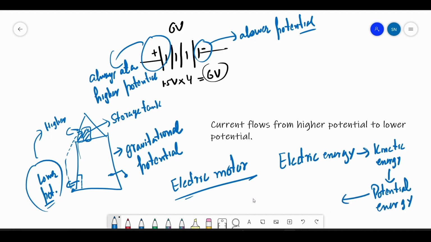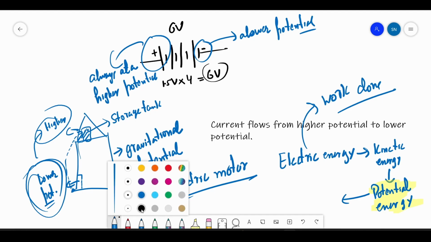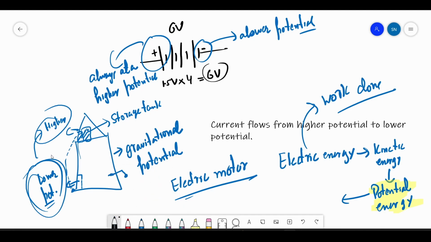Then water will start flowing by itself from higher potential to lower potential, because work was done by this electrical energy, which was stored in the form of potential energy of the water in the tank. Am I clear? Yes, sir. As simple as that. You got my point?